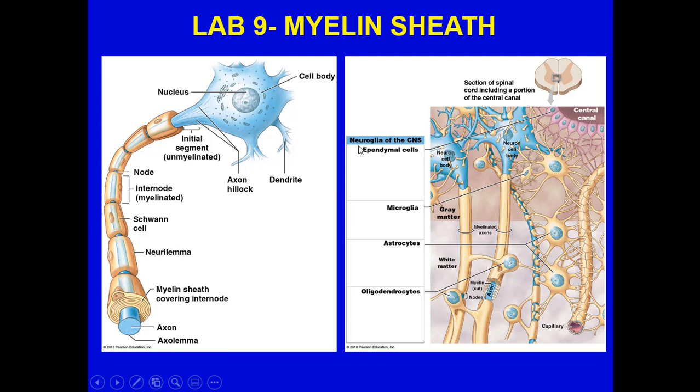When we look at neuroglia in the central nervous system, we have ependymal cells, which are going to line the ventricles in the brain. We have microglia, which actually act somewhat like an immune system. They will go in and kill and remove any dead tissue or dead material. That's the little guy right here.